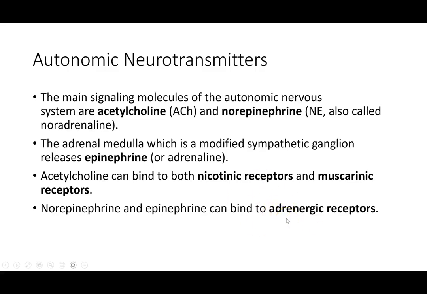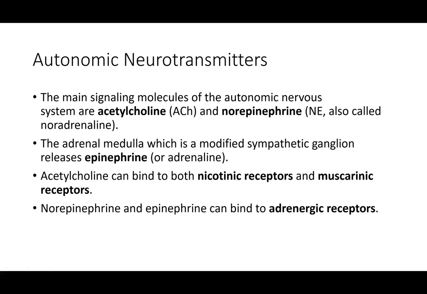There are multiple subtypes of each of these receptor types. We're not going to go into it in this particular class, but it's really cool if you're so inclined to look it up. Depending on what type of receptor we're working with and its subtype, the molecules that get released as a result of the binding between neurotransmitter and receptor can vary a little bit.